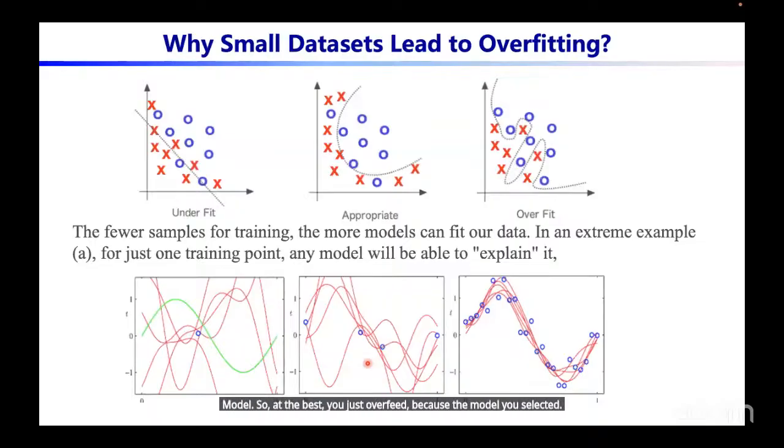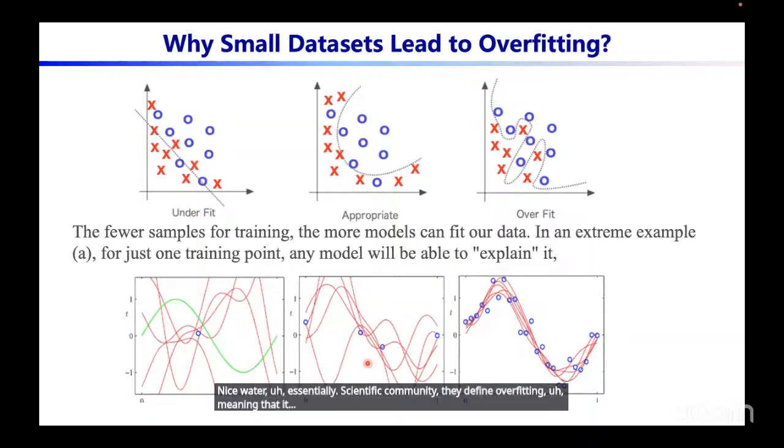Overfitting means that you get a best solution for the training set, but it is far away from the true solution. That's what the scientific community essentially defines as overfitting, meaning that it fits perfectly only for the training samples, but it fits badly for the true samples.